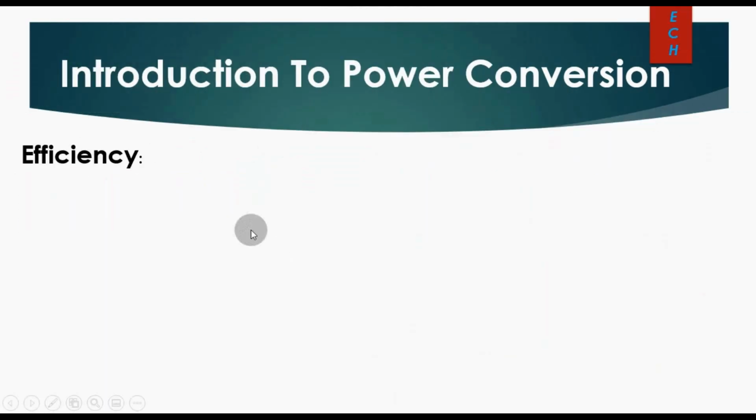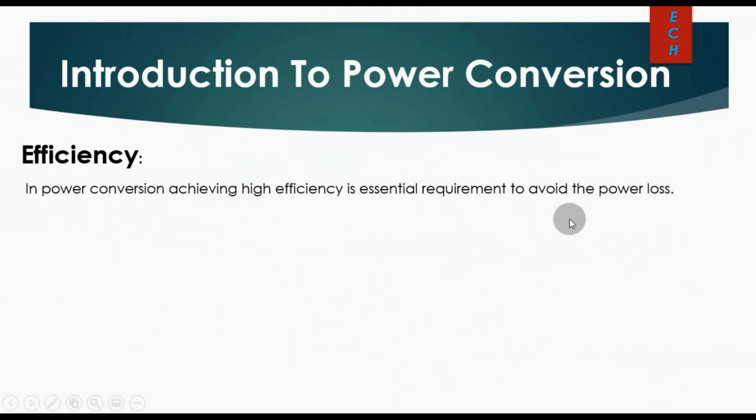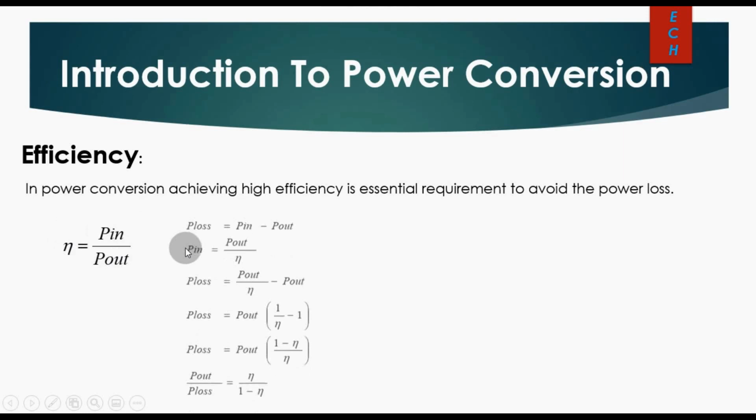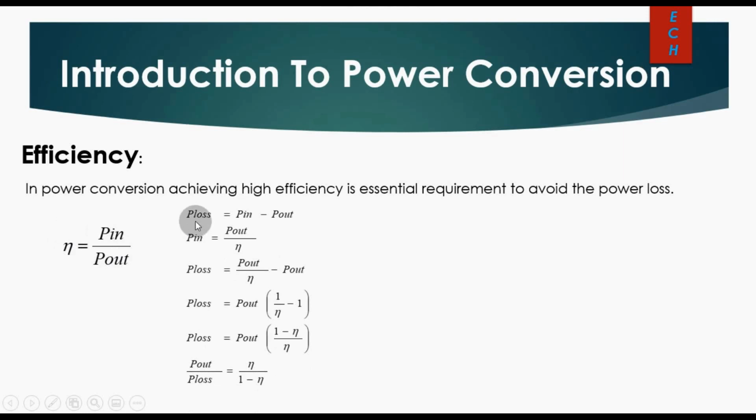Efficiency is the most important parameter in power conversion technique. In power conversion, achieving high efficiency is an essential requirement to avoid power loss. If you want to calculate the efficiency of your system, efficiency equals power out divided by power in.